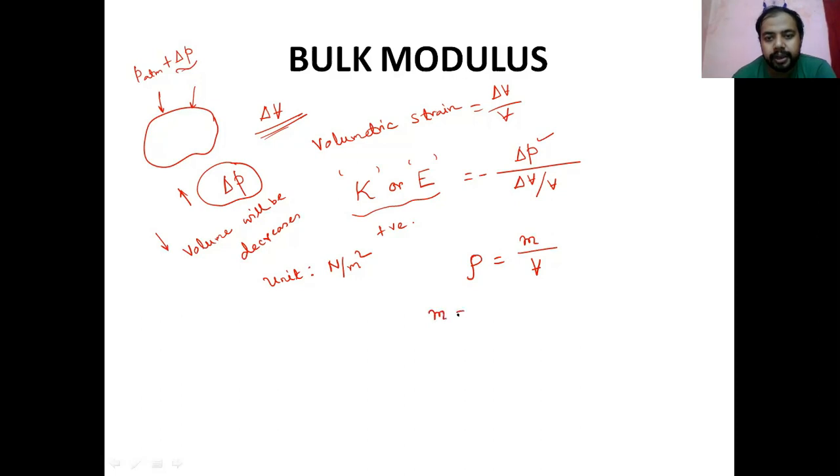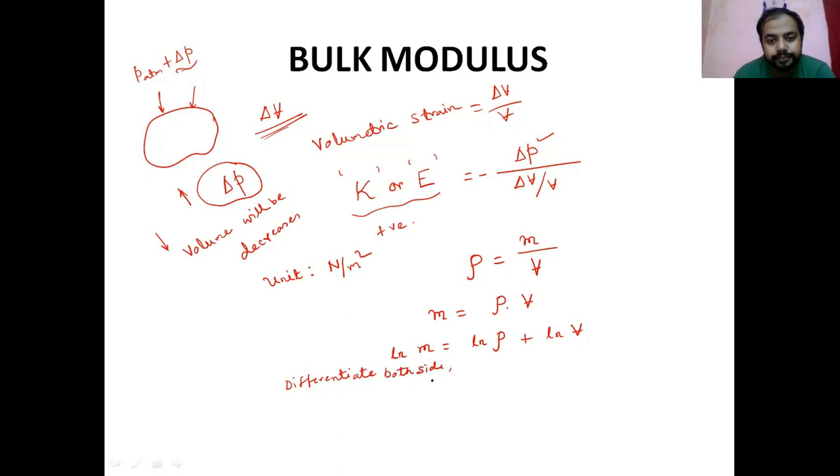Now the mass M can be written as the density times the volume. After taking the natural log on both sides, ln M equals ln rho plus ln V, and again we differentiate on both sides.